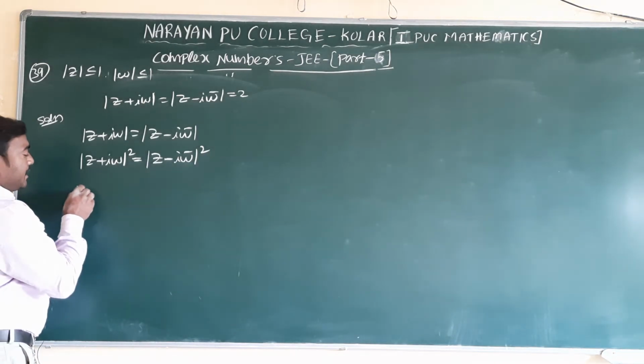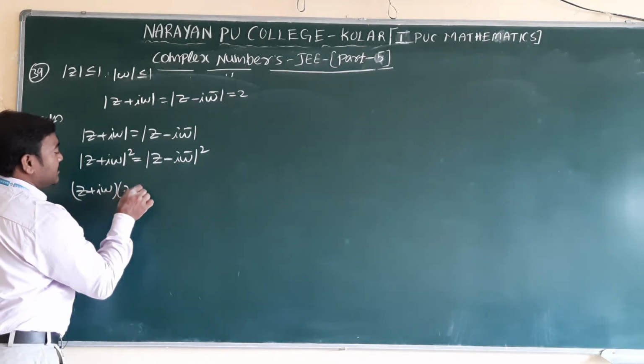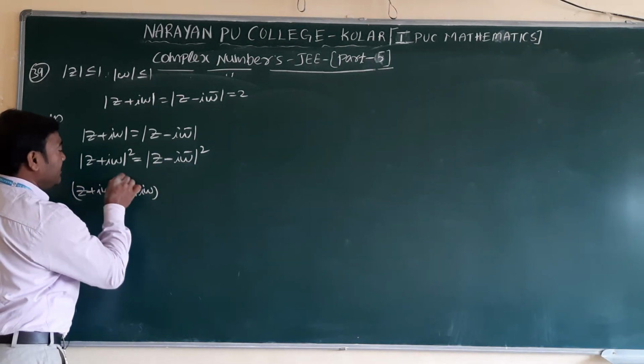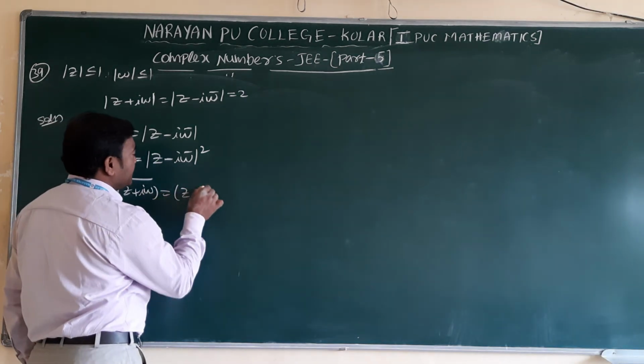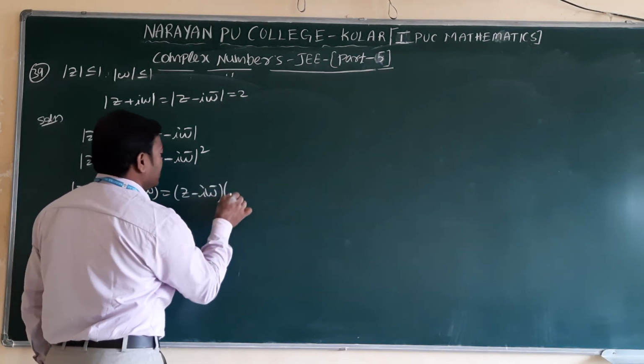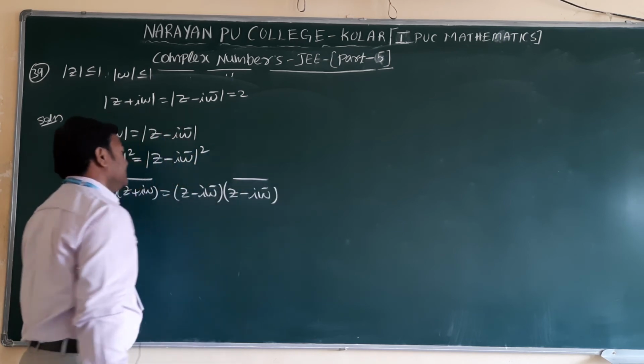What do we get? z plus i omega into z plus i omega whole bar is equal to z minus i omega bar into z minus i omega bar whole bar.